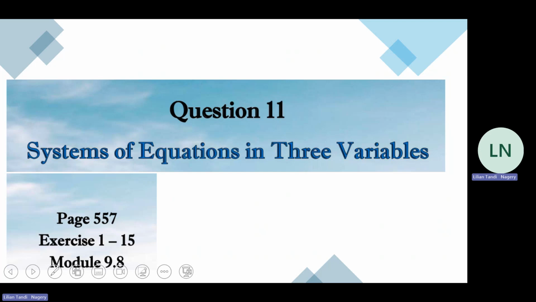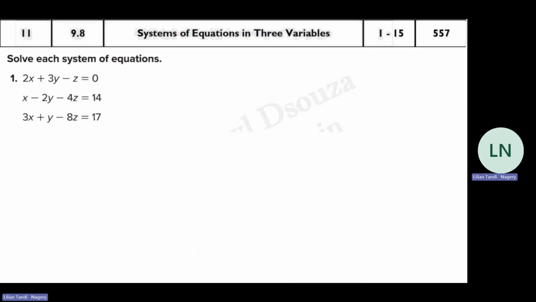Okay. Now we want to solve systems of equations in 3 variables. Like we agreed in class, step 1 means you're going to solve 2 pairs of equations, 2 times, and the pairs must not be the same. They must be different.